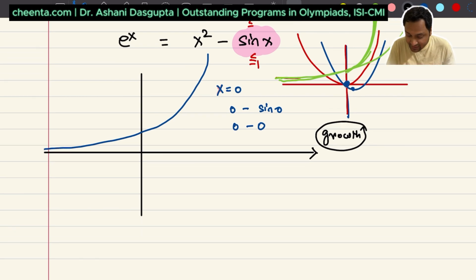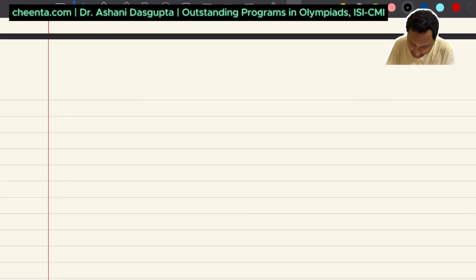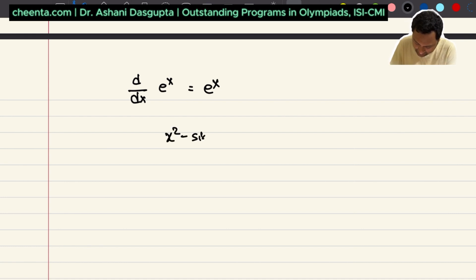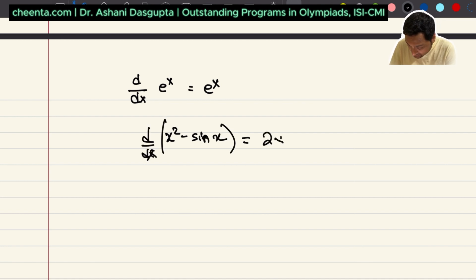So this is related to the first derivative, that is the rate of change of the function with respect to x. So e to the power x, the derivative is also e to the power x, and for x squared minus sine x, the derivative is 2x minus cosine of x, right?